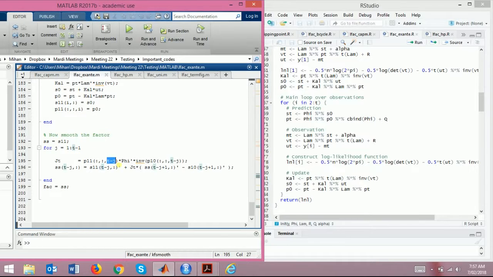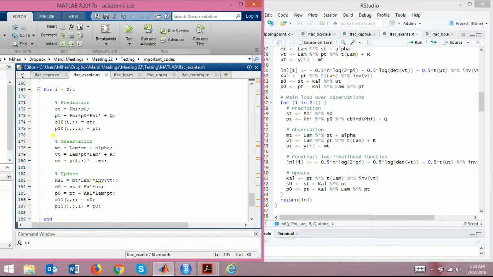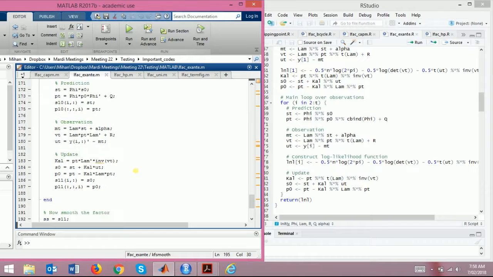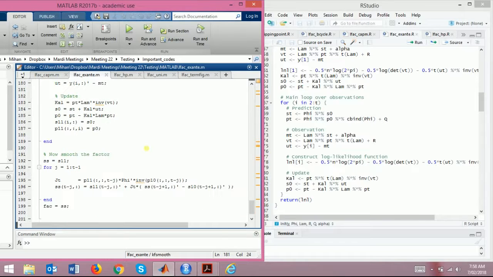J is T minus J, T11 phi inverse, and P21, where P10 is the update, which is PT, and P11 is here P0. So P0 is updating from here, so P21 T1, and this is S1 for all elements. That was the equation.